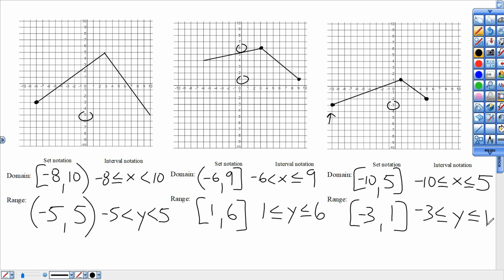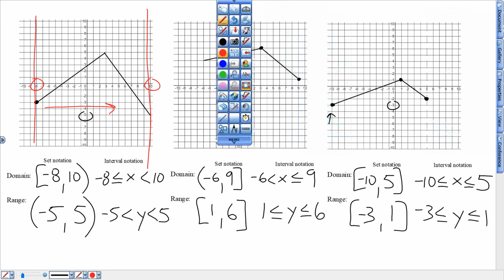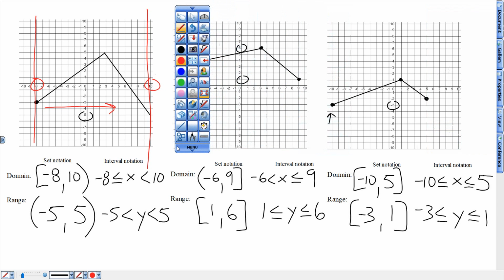All right, so I know I did those quick, but just to help you remember, domain is where the data slices from left to right, and I get the numbers where it begins in that slice left to right through the x-axis. That's where I'm getting all my domain numbers, and then the symbols come from it being a dot or no dot. If I'm doing my range, don't look at the x-axis.